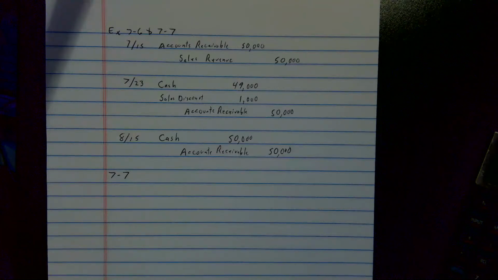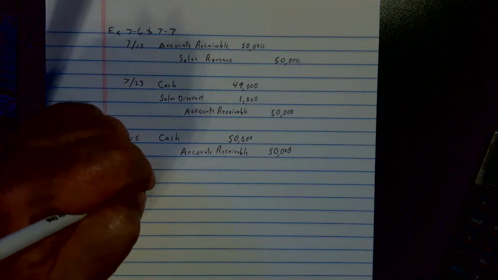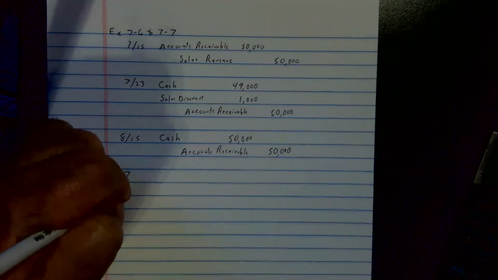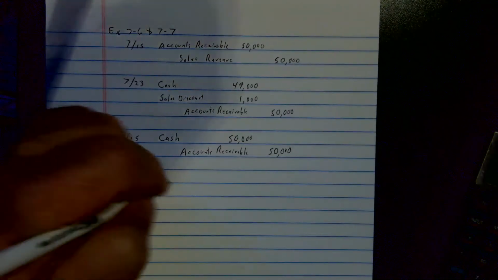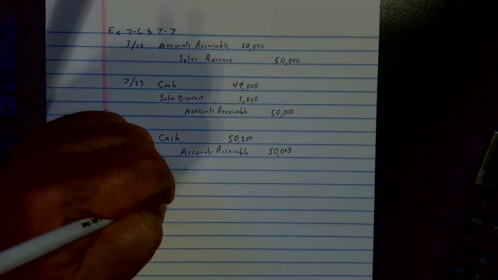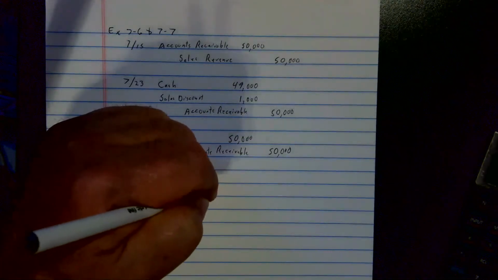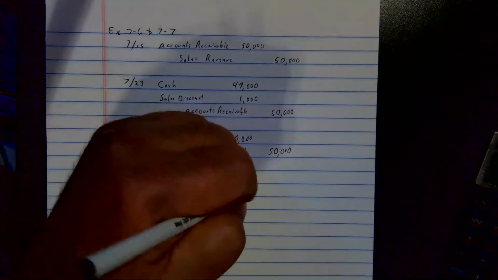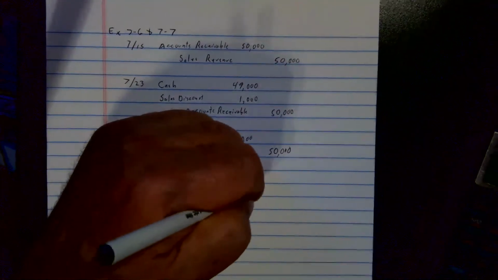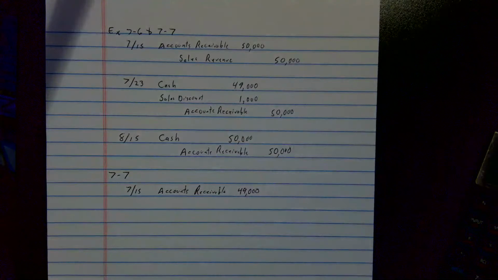So in that case, using the net method on 7-15, I'm going to have accounts receivable of $49,000. The tire is $50 each. They bought 1,000. That's $50,000, but they get a 2% discount if they pay on time.